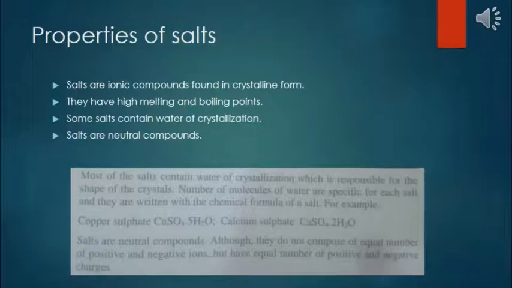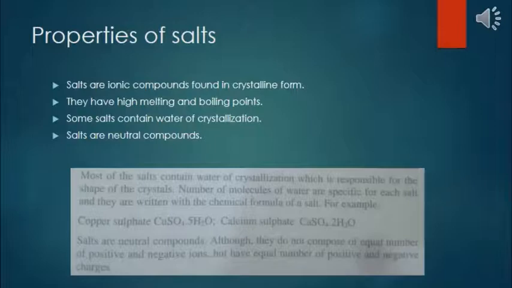As you can see in this example, copper sulfate along with 5 molecules of water. Yes, so these salts have water of crystallization. How many molecules of water are there in copper sulfate? There are 5 molecules of water. Similarly, calcium phosphate also has 2 molecules of water.